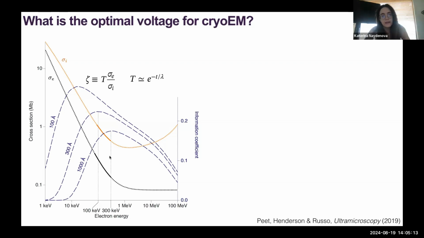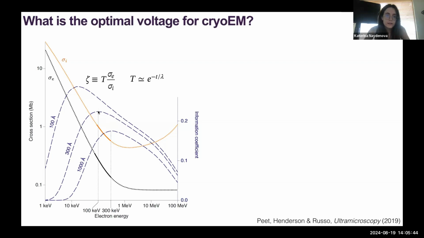But how thick is the typical single particle cryo-EM specimen? Well, usually it's something in the low hundreds of angstroms. 300 angstrom would be a good approximation for most things, especially some larger molecules, but usually it's 300 angstrom or sometimes even thinner. And if we calculate where is the maximal information coefficient for a 300 angstrom thin sample, this actually turns out to be at around 100 keV, not at 300.